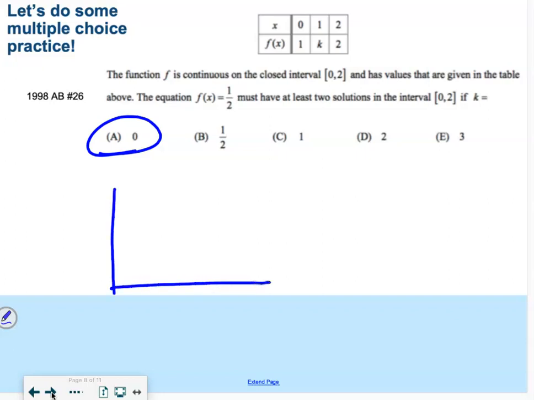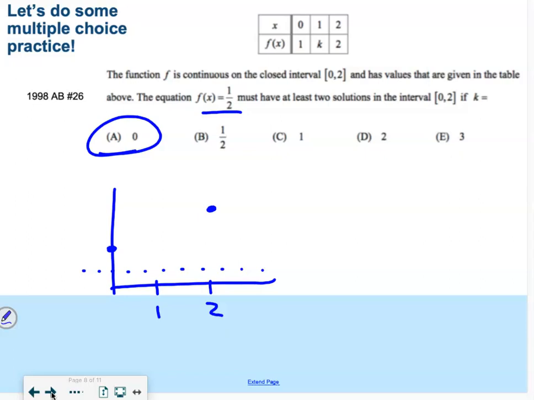So, if f(0) is 1 and f(2) is 2, and you want to hit a half somewhere in here twice, right? So there's our 1, there's our 2. If you want to hit a y value of a half twice, if you're at 1, if you're at 3, that doesn't force it at all, right? So you could just be above it the whole time.